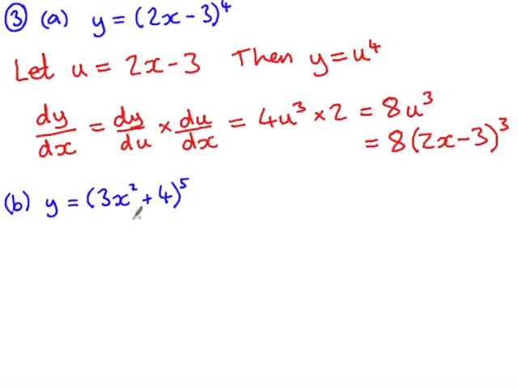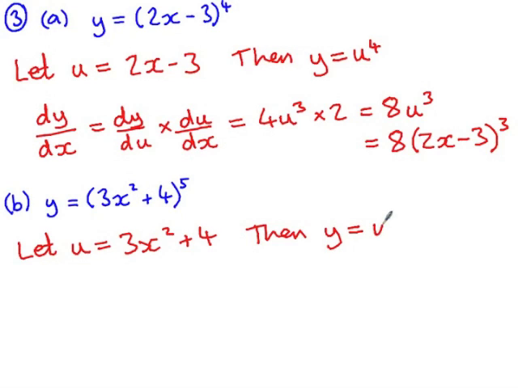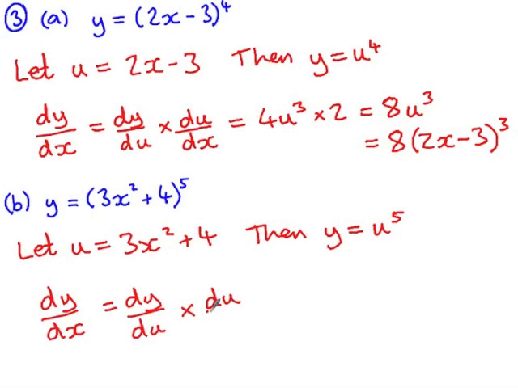In part B, we'll define again what's in the bracket as our u, so we'll say let u equal 3x squared plus 4, then y is u to the power of 5. So dy by dx is dy by du multiplied by du by dx. dy by du is 5u to the power of 4 multiplied by du by dx is 6x.